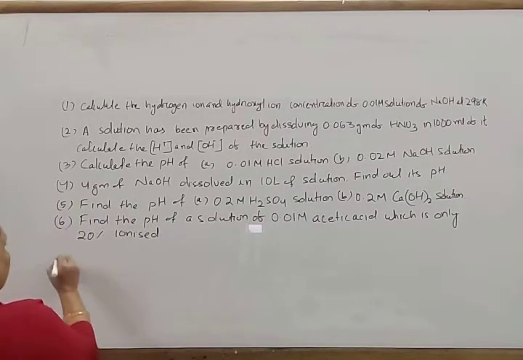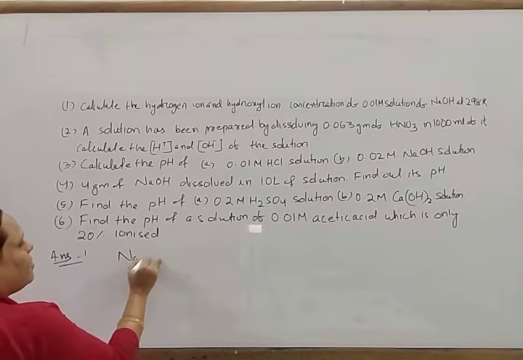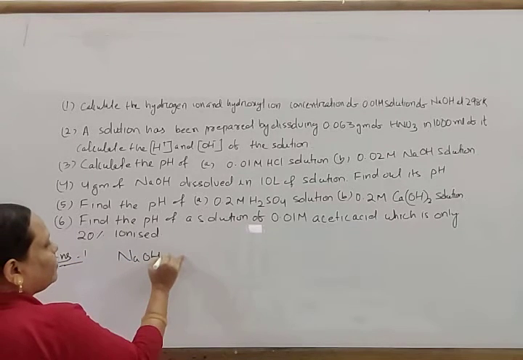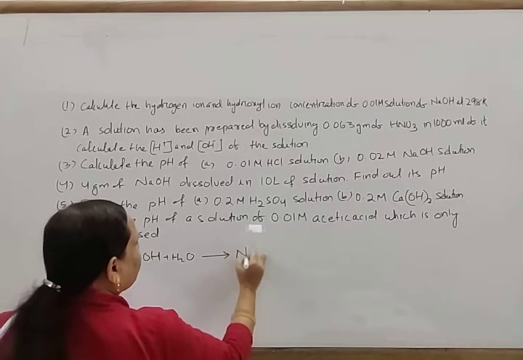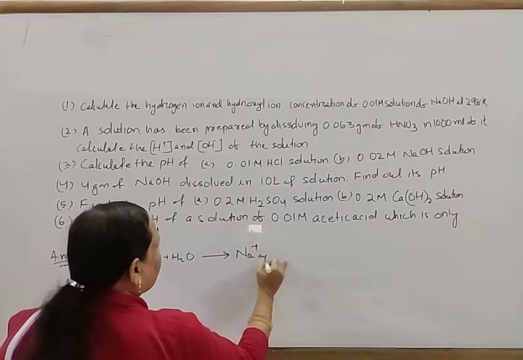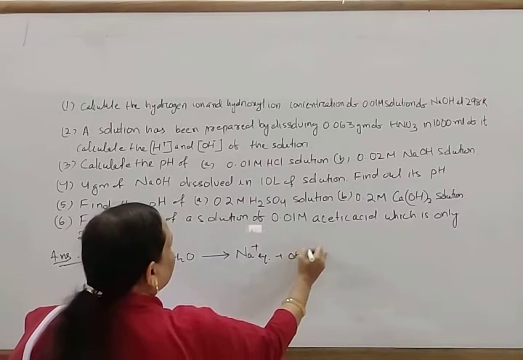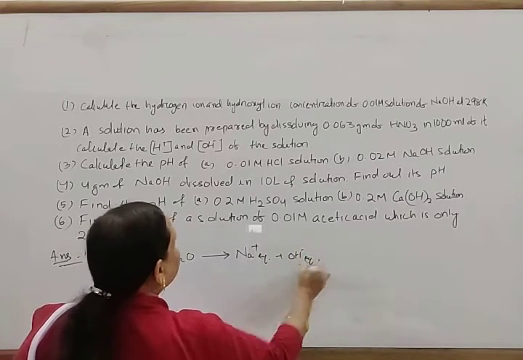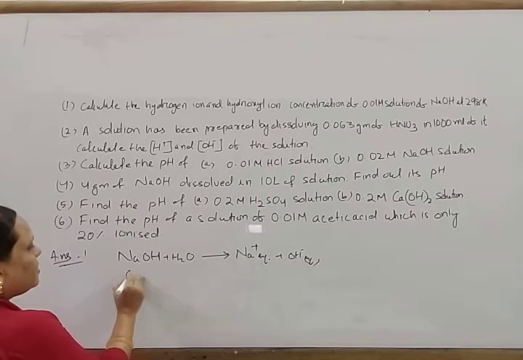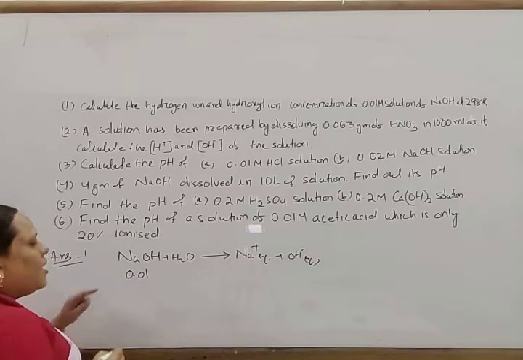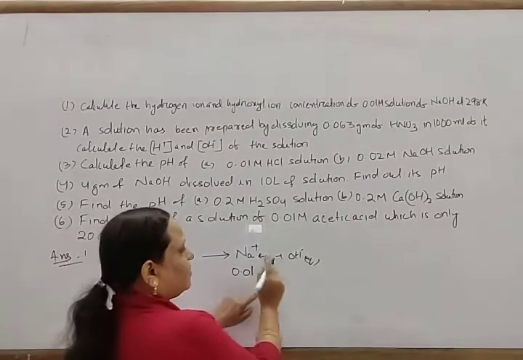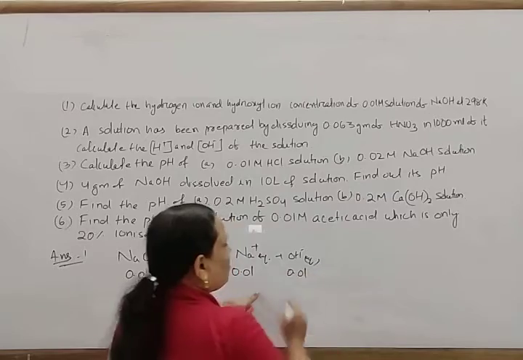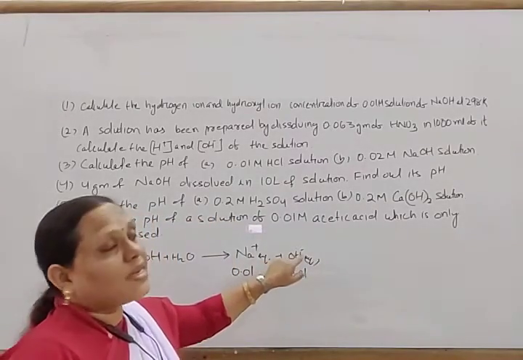In this way, sodium hydroxide in aqueous solution undergoes complete ionization to give Na+ (aq) plus OH- (aq). Given the concentration is 0.01, it gives 0.01 moles of Na+ ion and 0.01 moles of OH- ion.